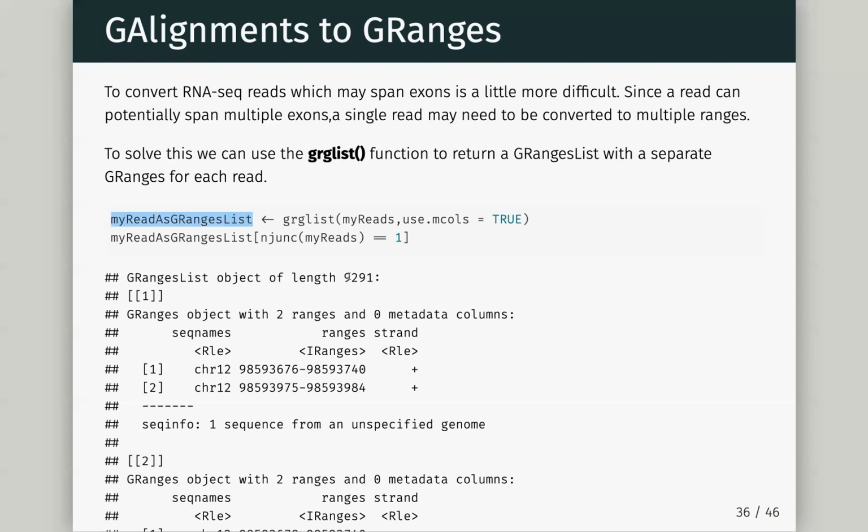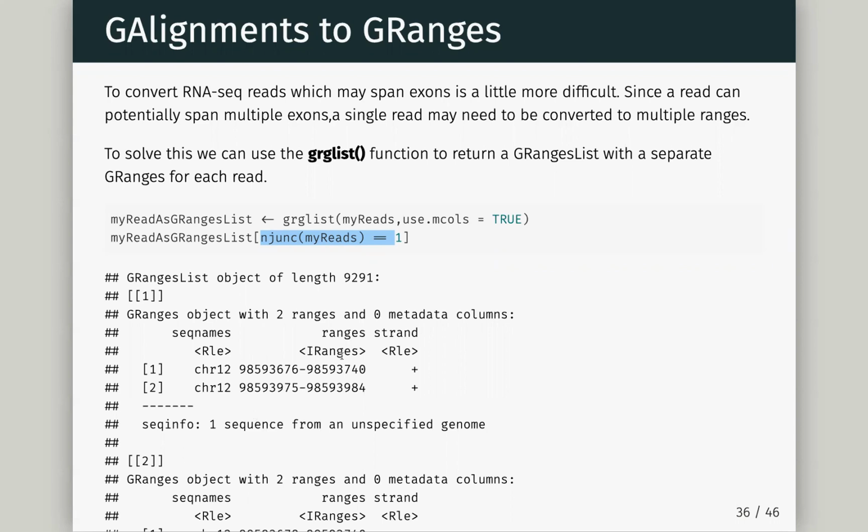In this case, I'm doing this just for those which have njunc of 1, so we know there's at least one junction in that read. They should have two ranges they cover, because the read is split into two by one junction.